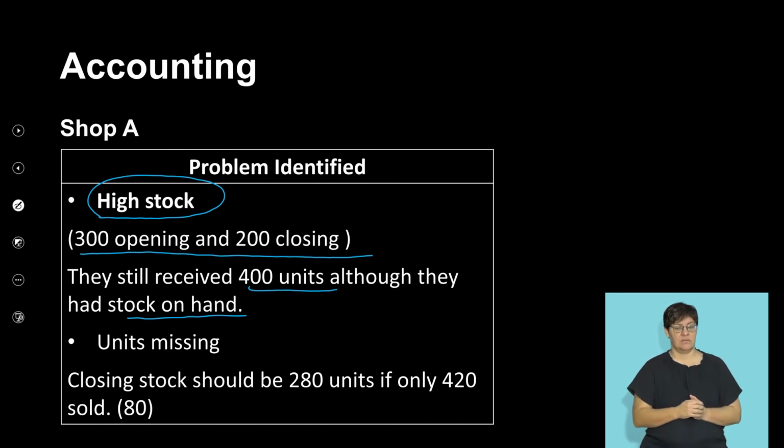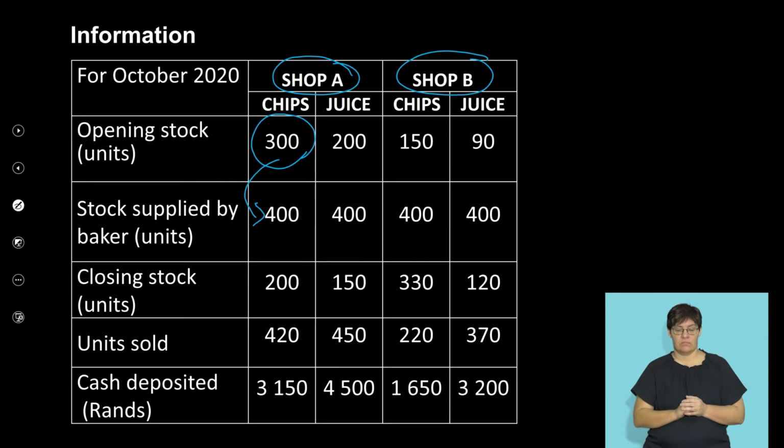And the other thing we can do is check our units. If we take our stock, we had 300 plus 400 is 700, minus the 420, clearly you can see that there is a problem with the units that are missing. Once again, 300 plus 400 is 700, right?